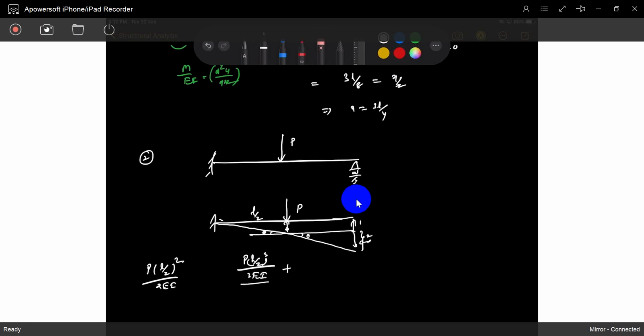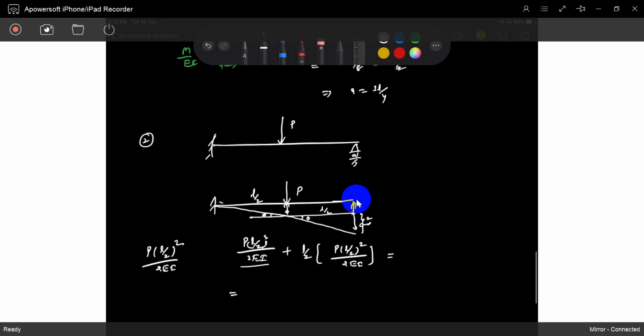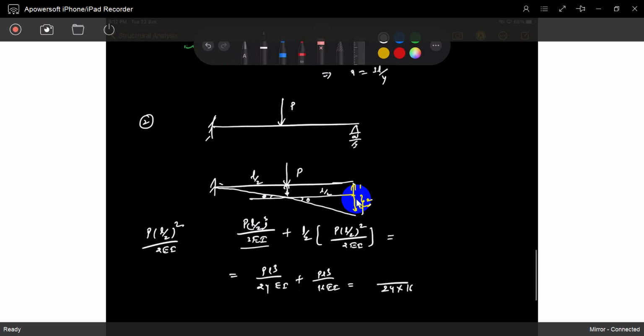The second is L by 2 into theta, and L by 2 theta is PL square by 2EI. So the value is PL cube by 8 plus PL cube by 24, which gives PL cube by 16EI... combined the total is 5 by 48 PL cube by EI. That's it, we already solved it.